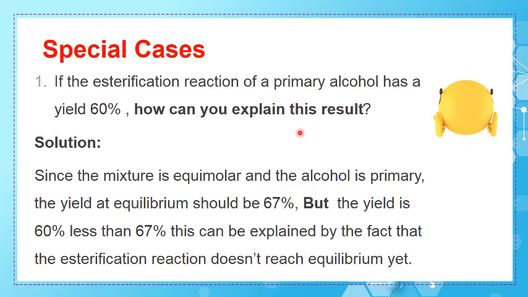Simply, here, they didn't say that we reached equilibrium, so we still need a little time in order to reach equilibrium. So the reactants will react a little bit more in order to produce more product. So the yield is 60%, less than 67. This can be explained by the fact that the esterification reaction doesn't reach equilibrium yet.